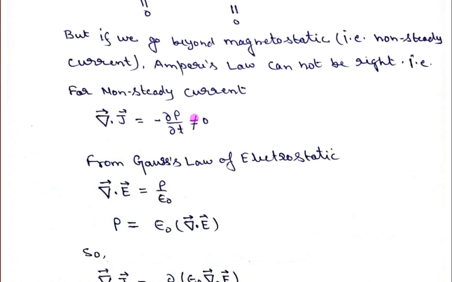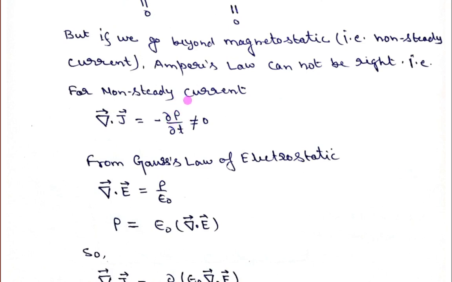Now if you again verify Ampere's law, that del cross B is equal to mu 0 J, before that, we see that divergence of J is equal to minus del rho upon del t, and we have to substitute the value of rho.